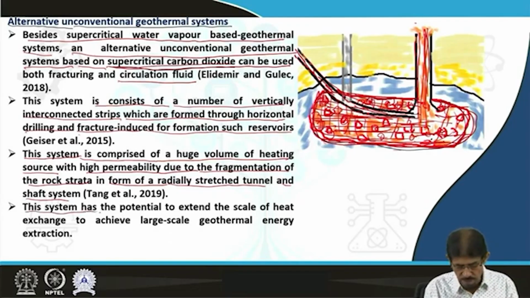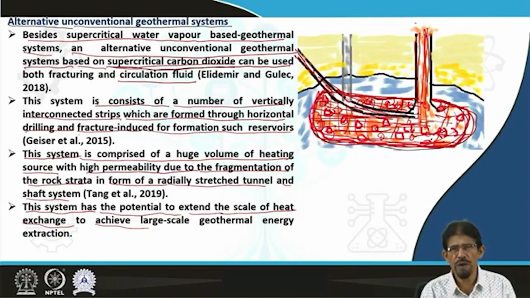The system has the potential to extend the scale of heat exchange to achieve large scale geothermal extraction and provide a good amount of heat energy through this geothermal system. Here in this system, we are going to create one zone through different levels of horizontal drilling and other methods of fragmentation, and the energy is recovered through the vertical shaft.